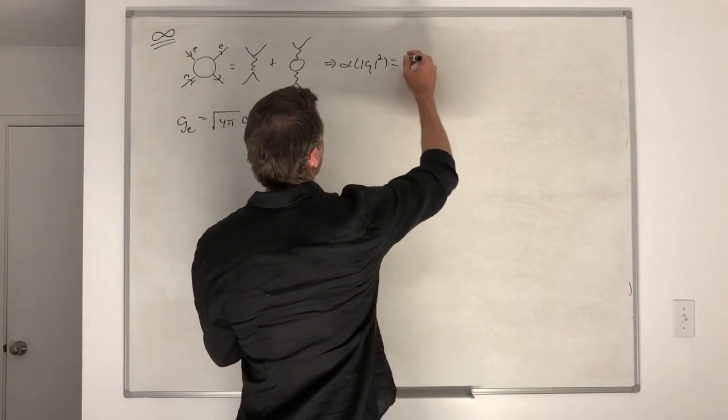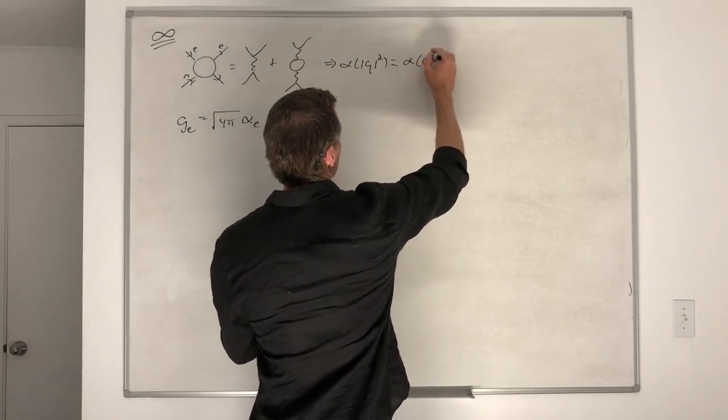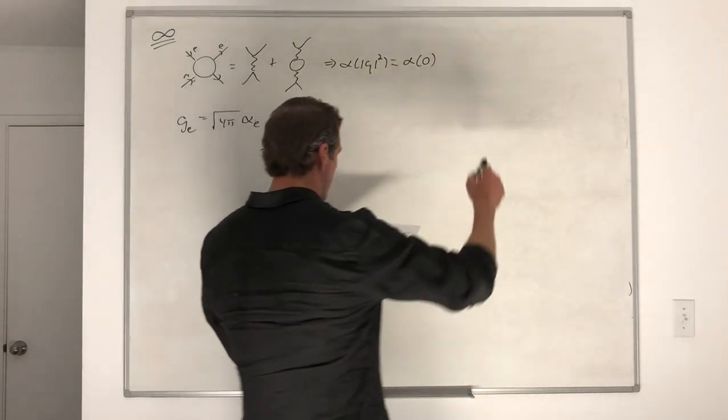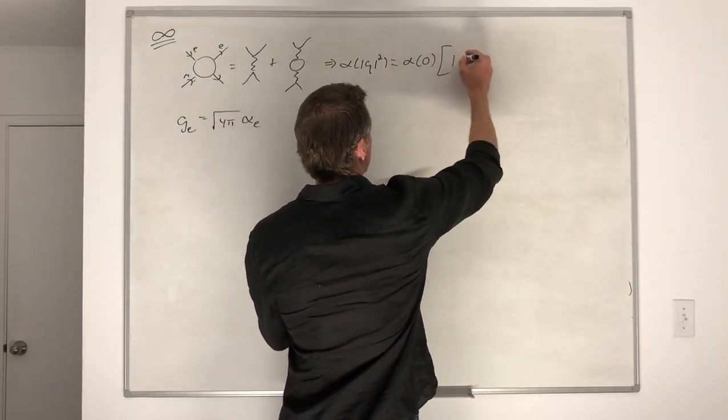But alpha of q squared could be defined in terms of the zero momentum transfer value of the parameter times, and this should be familiar to you.